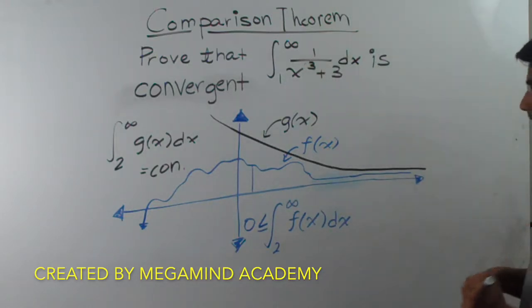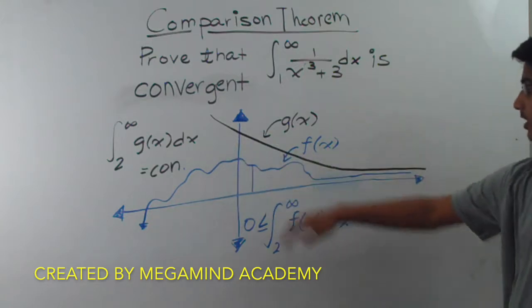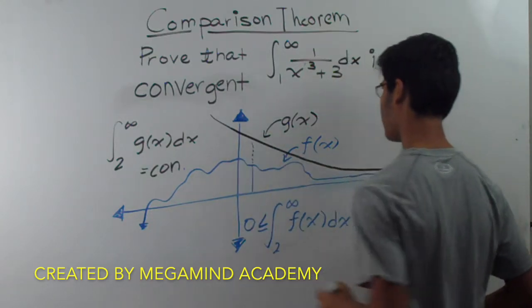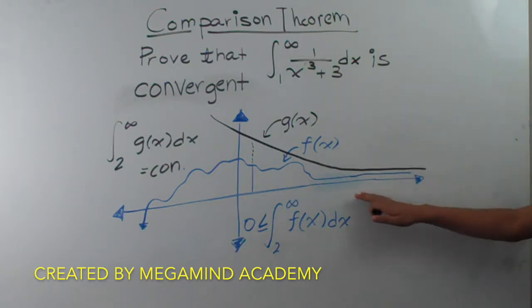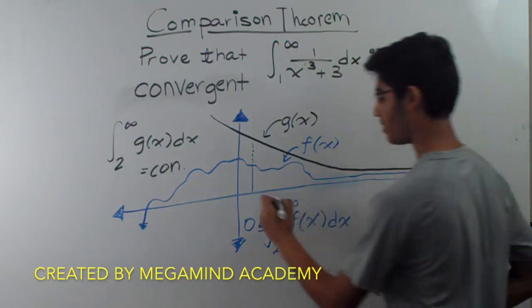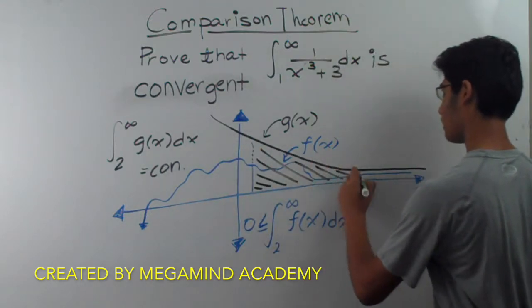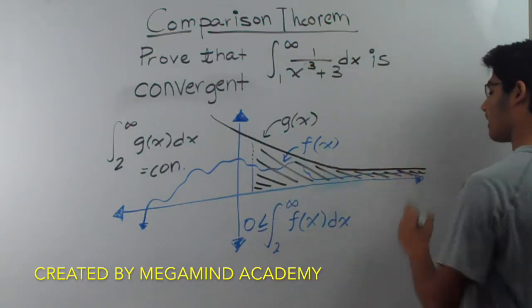So if we have a finite area under the curve from 2 to infinity of g of x, let's say this area, and it keeps going.